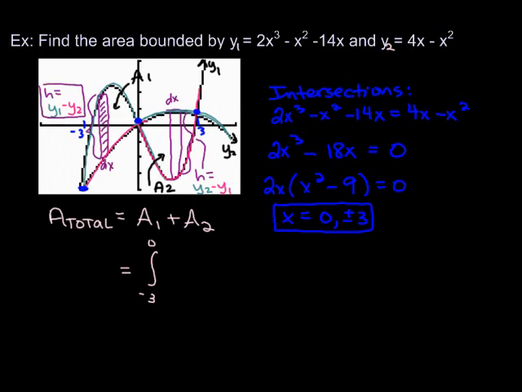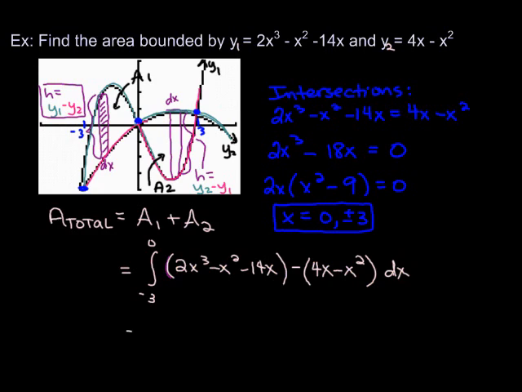So y top was 2x cubed minus x squared minus 14x, and the y bottom was 4x minus x squared. There's our integral for area 1.